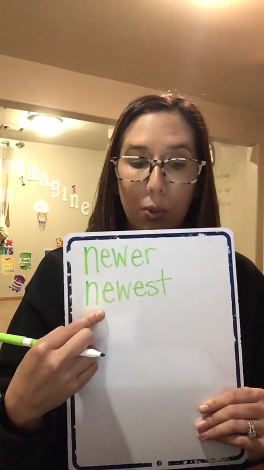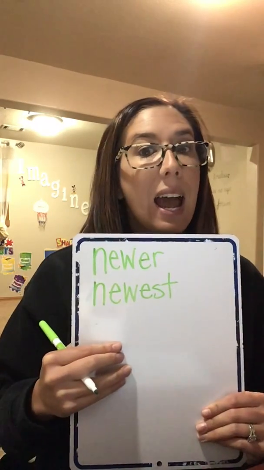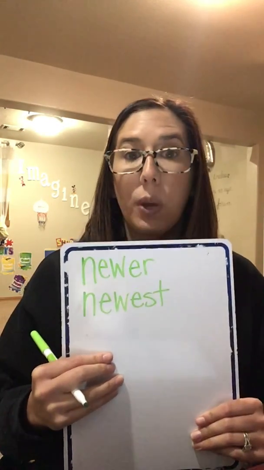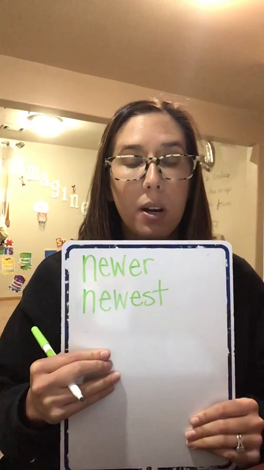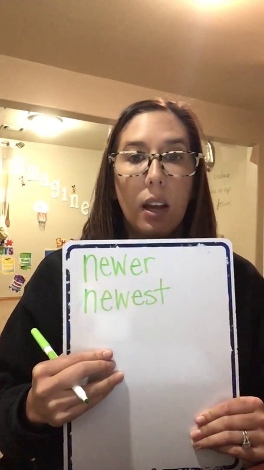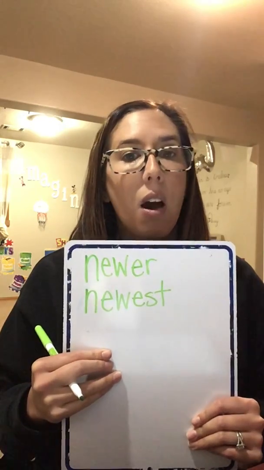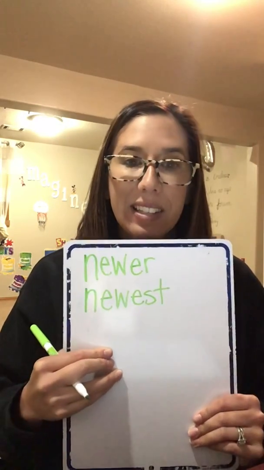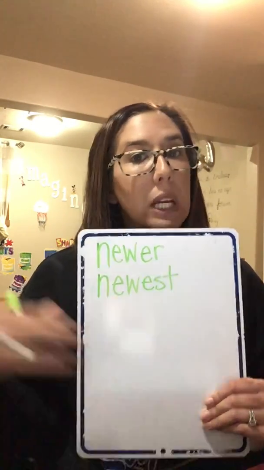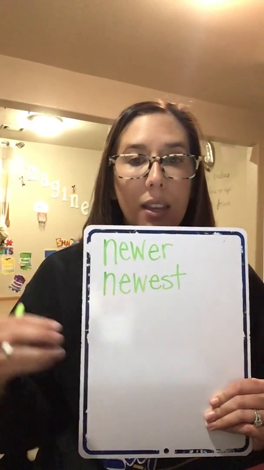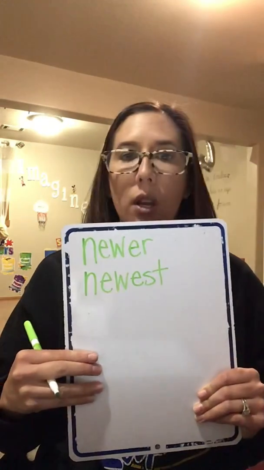Now our next word is nice. So we have a bossy E word, nice. But what do both of our endings have already? ER and EST. So do we need two E's at the end? No, we don't. So when we write nice, remember nice is a bossy E word that has a C that makes the S sound.